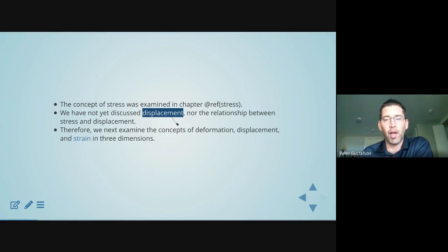We have to be careful and say it's not related to stress, or at least it can be unrelated to stress. In most materials it is related to stress, but that's through a stress-strain relationship. Really, the definition of strain is a differential relationship with displacement that you will see shortly.